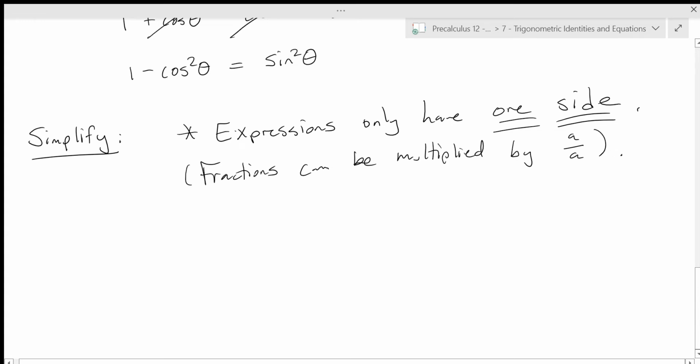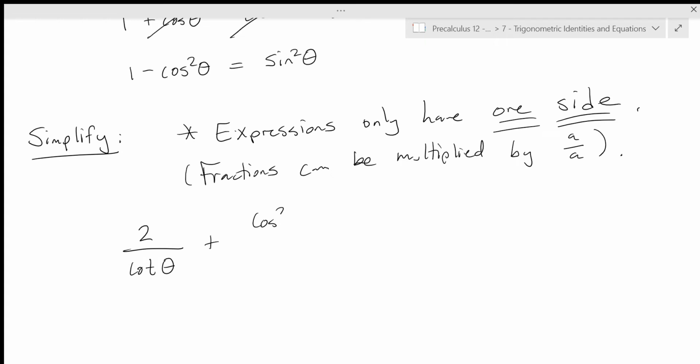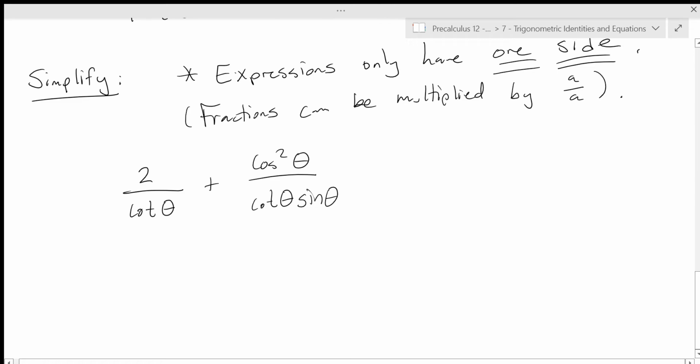Okay, so let's simplify. We have 2 over cotan theta plus cosine squared theta over cotan theta sine squared. Oh, sorry, cosine squared theta sine theta. So we want to simplify this. So what do I do? Well, I'm going to start by looking at my cotan theta.